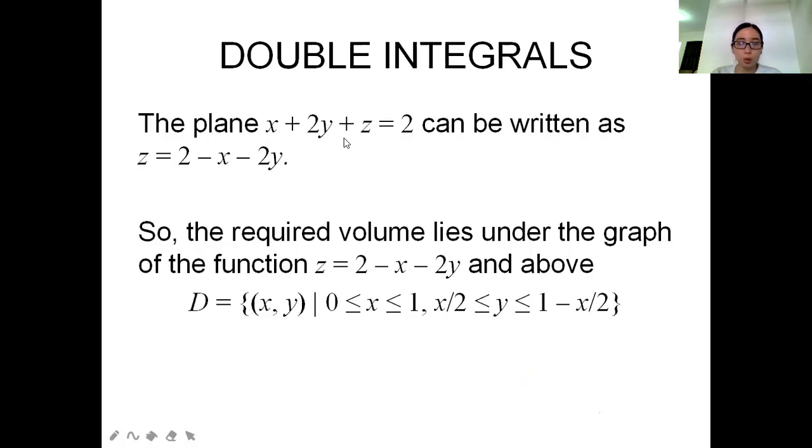So the plane x plus 2y plus z is equal to 2 can be rewritten as z is equal to 2 minus x minus 2y. So the required volume lies under the graph of the function z is equal to 2 minus x minus 2y, and above the region D, whose limits are from 0 to 1 and from x/2 to 1 minus x/2 for y.